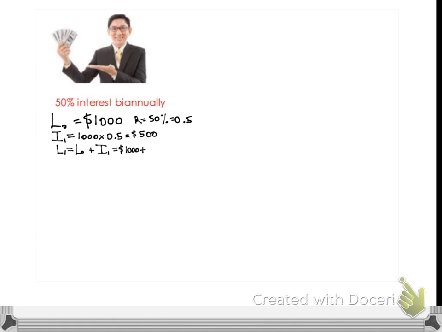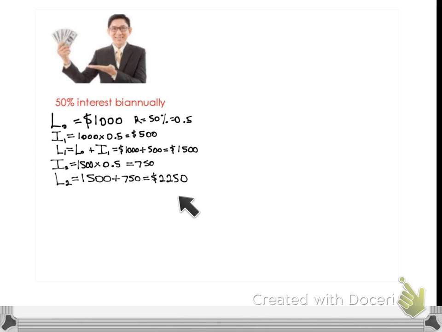So add that on top of our original loan, $1,500. And now 6 months later, we calculate interest again. And we've got a total amount owing to the bank. This is how much we would now owe the bank if we had never made any repayments throughout the year. So in that situation, this is the way we're going to progress.